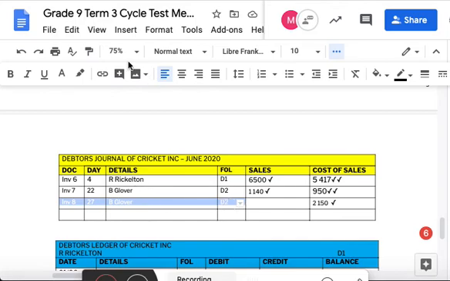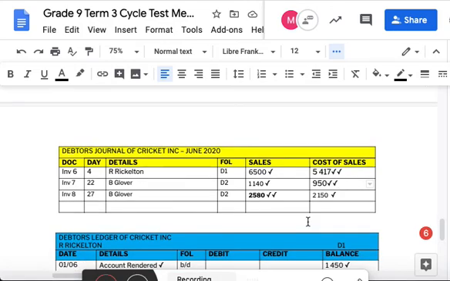D2. And then we need to work out our sales figure. To go from cost of sales to sales, we multiply, and our markup's 20%, so we multiply 2,150 times by 1.2, and it should give us 2,580 Rand for 2 marks. Okay. Any questions so far?